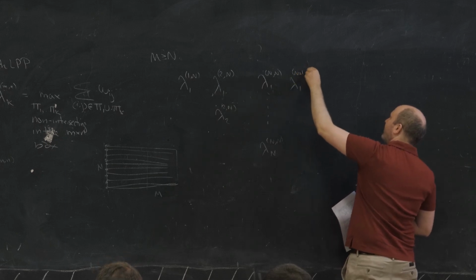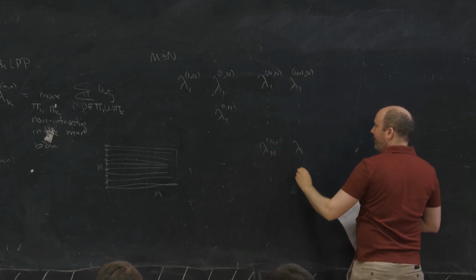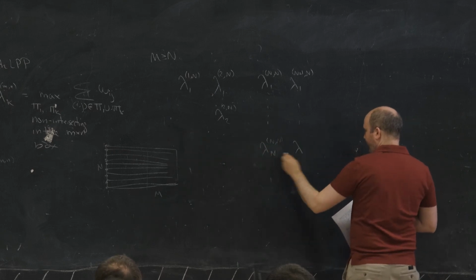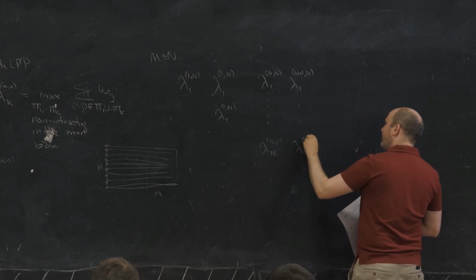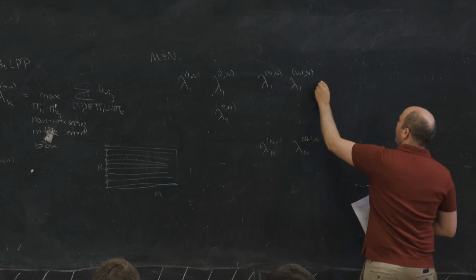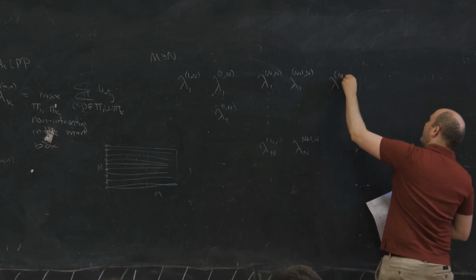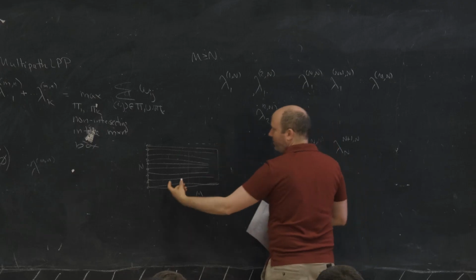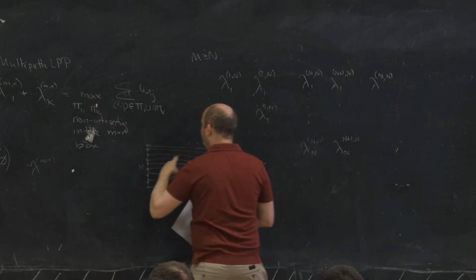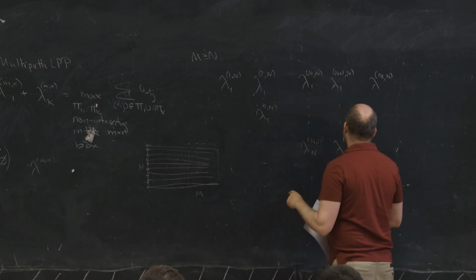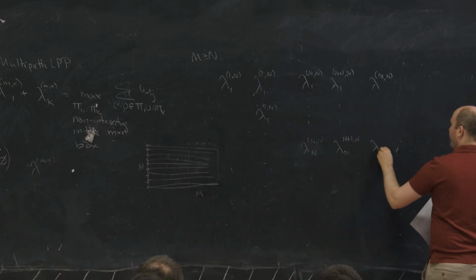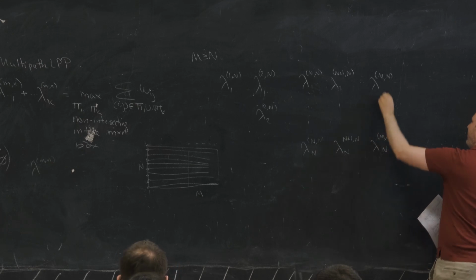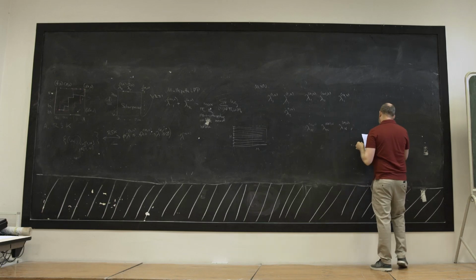So from n plus 1, n, you stay with the same bottom boundary, and you do so until you get to lambda mn. I've marched my way along here, doing this RSK correspondence to get partitions as I move along. And then I actually start to decrease.